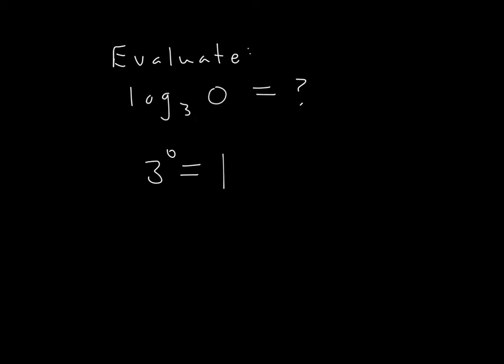Anything to the power of 0 is always 1. Remember, we're not multiplying this times this. It's this to the power of this has to equal that. And there is no power of something that equals 0. So once again, no solution.